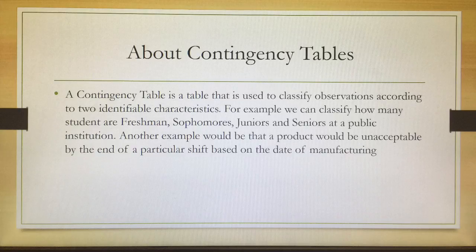Another example would be a product that would be unacceptable by the end of a particular shift based on the date of manufacturing, like expiration dates or anything of that nature. On the next slide, we're going to explain how we use contingency tables, with some examples from our real estate data.